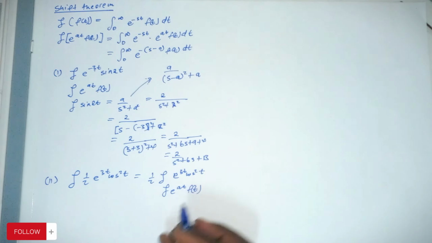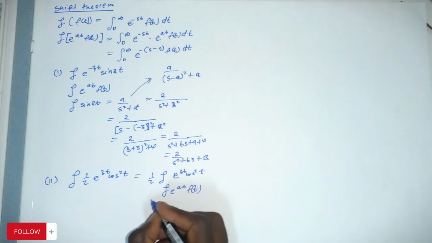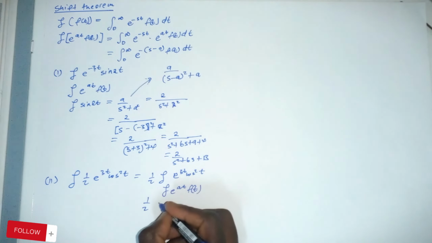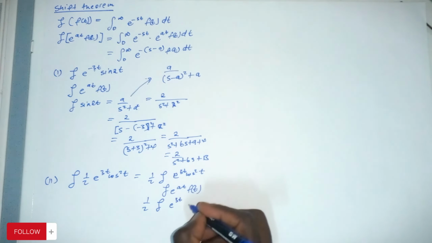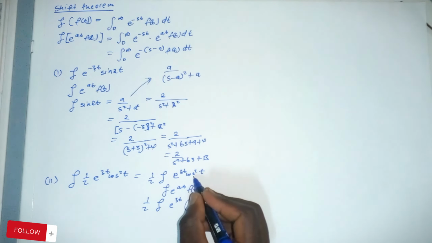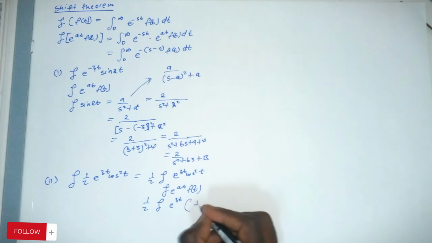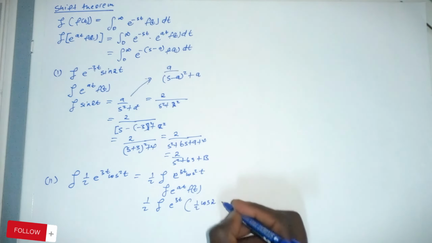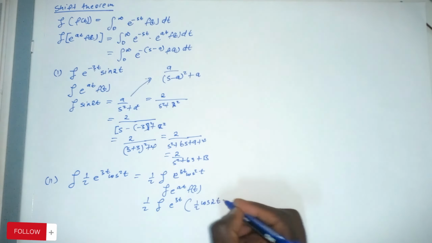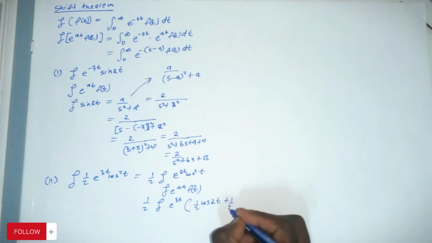So here we're going to write this as 1/2 the Laplace transform of e to the power 3t, and for cos squared t we're going to use the identity, which is 1/2 cos 2 theta plus 1/2. In this case, it's going to be 1/2 cos 2t plus 1/2.